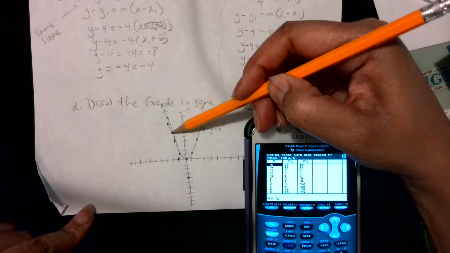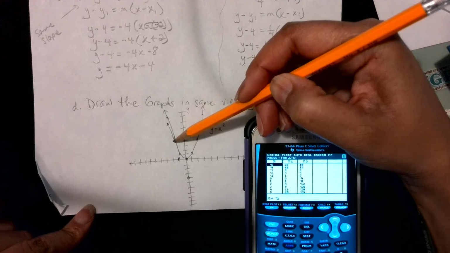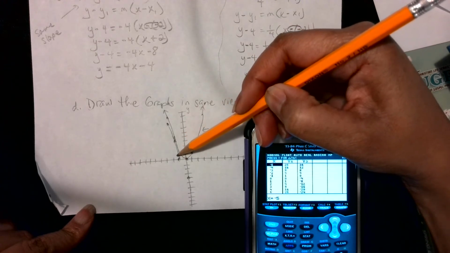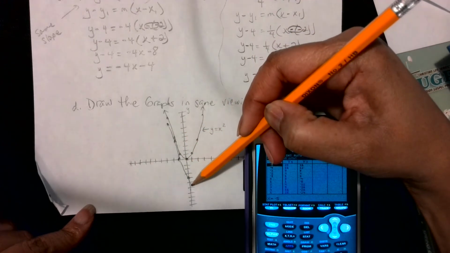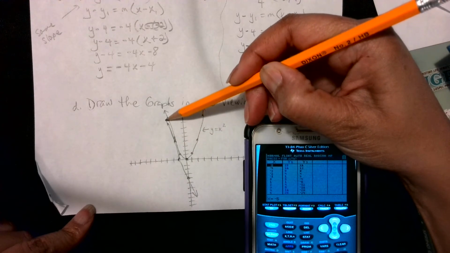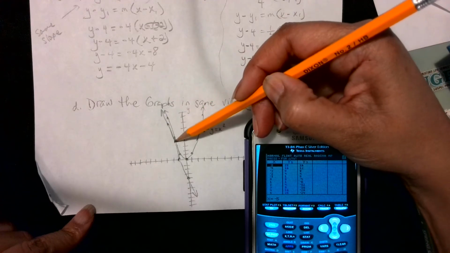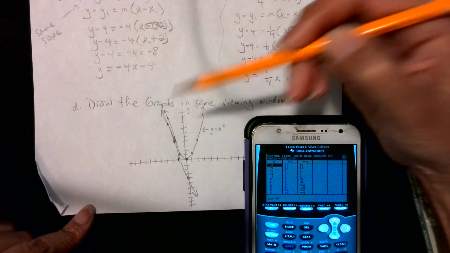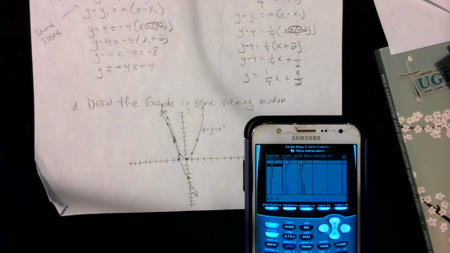And so I need a ruler, which I don't have, but all right.